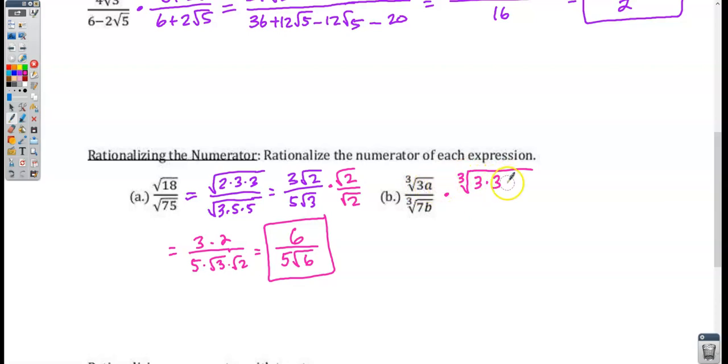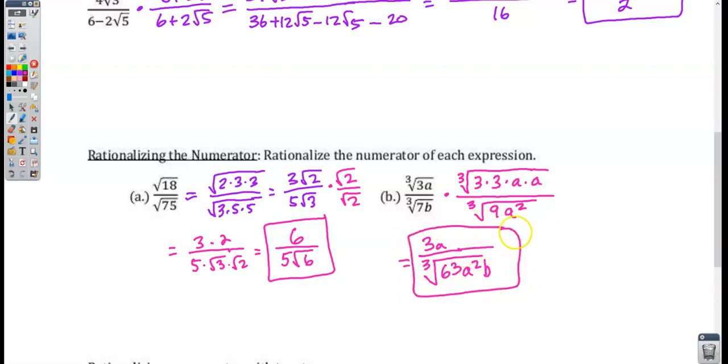I've got one a, so I need 2 more a's to have that root come out evenly. That's all 9a squared. And so my numerator becomes 3a, and my denominator becomes the third root of 63a squared b. And there, that expression is with a rationalized numerator.